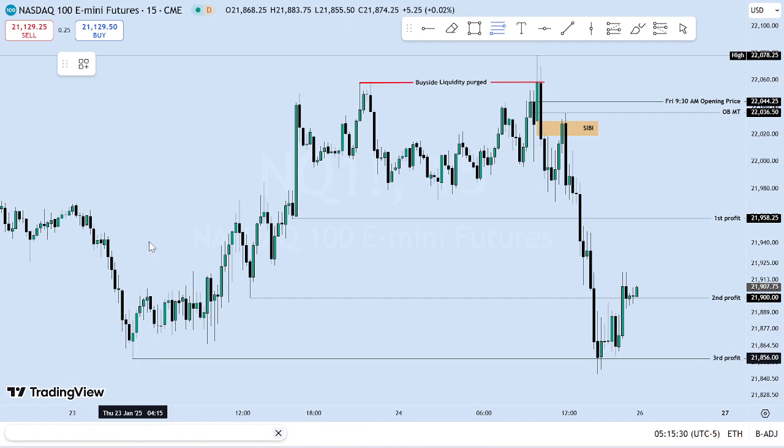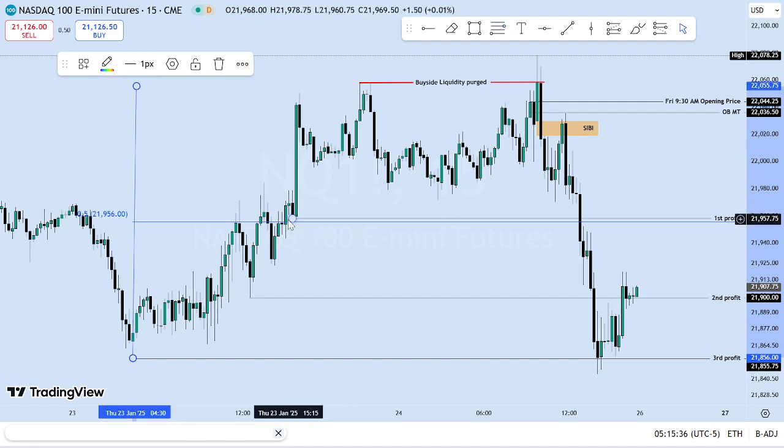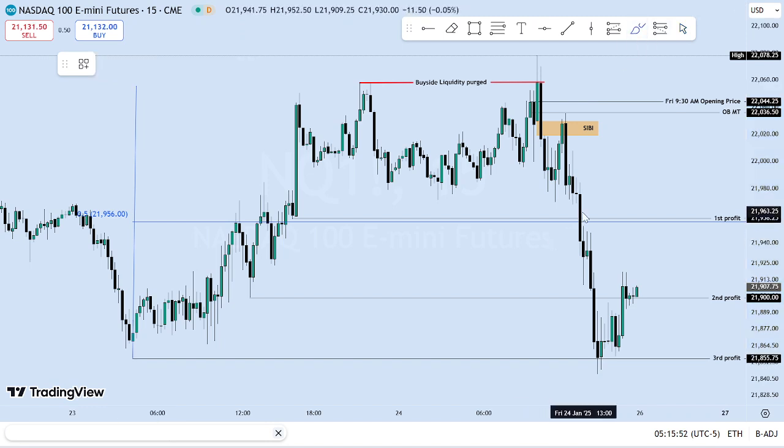That's the 50% of the range. The equilibrium is the half of this range. At the equilibrium, you expect a breakaway gap. You anticipate a breakaway gap at every equilibrium. There is a breakaway gap.